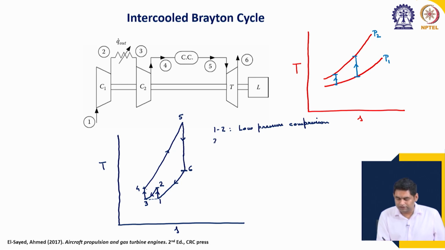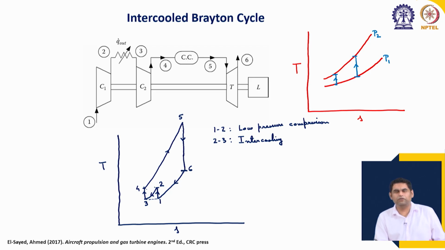Then 2 to 3 is the intercooling process or heat exchange process. In some books it may be written as heat exchange or heat exchanger, but the term intercooler for the device and intercooling for the process is more suitable. The device is known as the intercooler, and the process is intercooling, which is a type of heat exchange process, where heat is removed from the hot air at the exit of the compressor by cold water circulating through the heat exchanger.